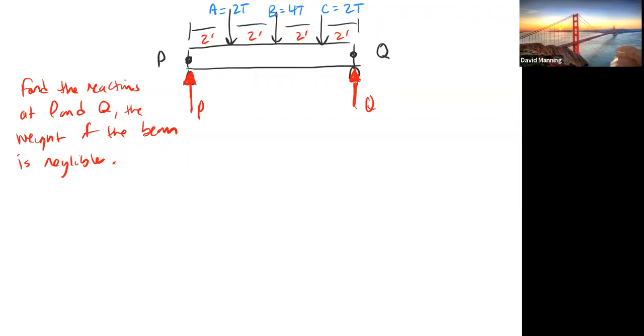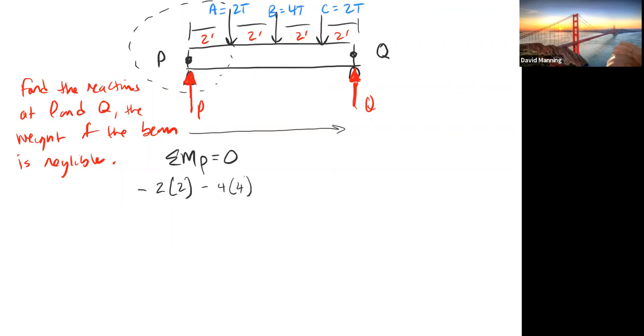So what we want to do here is our first step: sum the moments about P and set it equal to 0. We're going to start here at P and move left to right. We'll take 2 times 2, that's negative, clockwise rotation, minus 4 times 4, minus 2 times 6, plus Q times 8 equals 0.